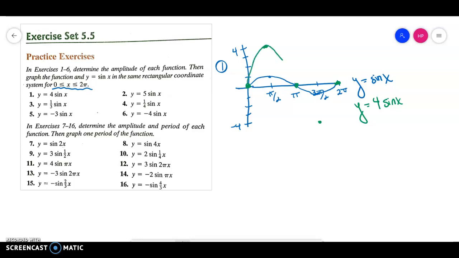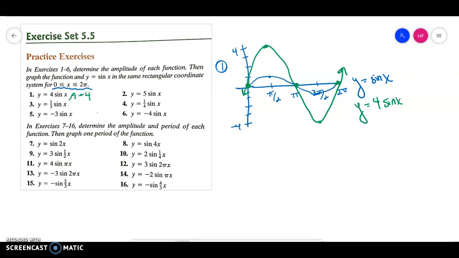So now I just have a nice tall and stretched out sine function, which they do both continue in both directions. We're looking at just one period of them. So my amplitude, that value of a here, is just going to be 4.